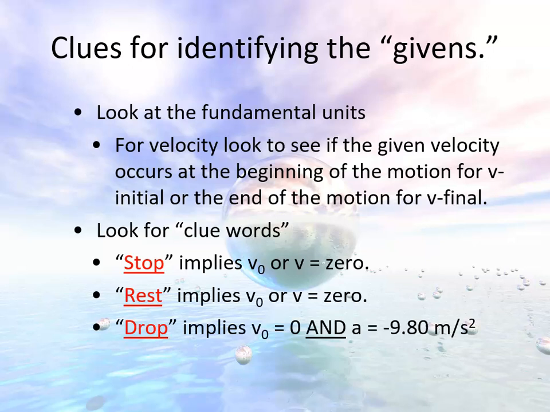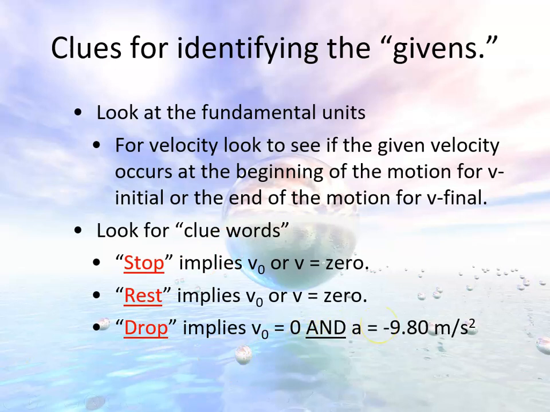Drop, to say that you drop an object, implies that the initial velocity is equal to 0 and the acceleration is 9.80 meters per square second downward. Now, if we're assuming up is positive, then that would mean that we would need a negative in front of our acceleration.